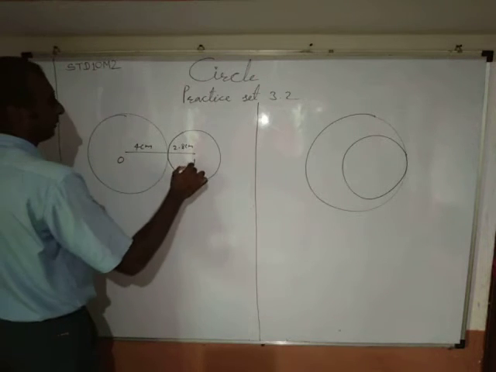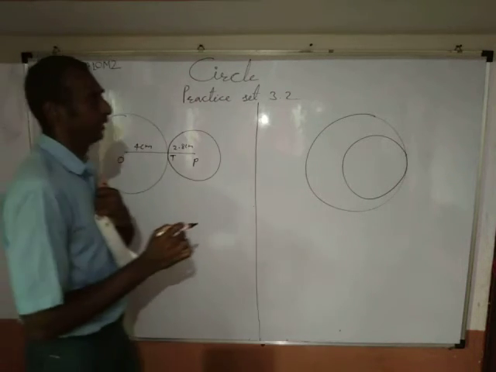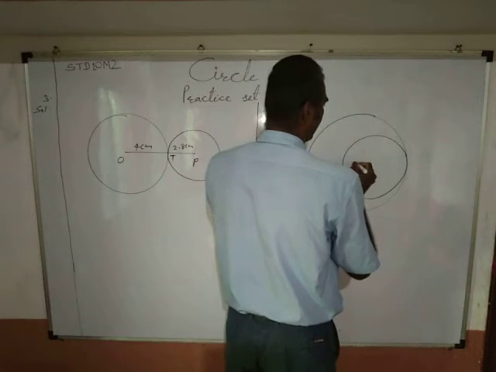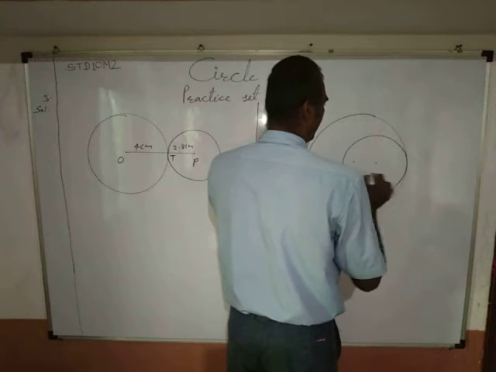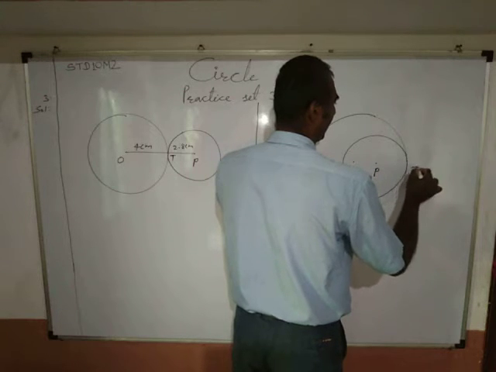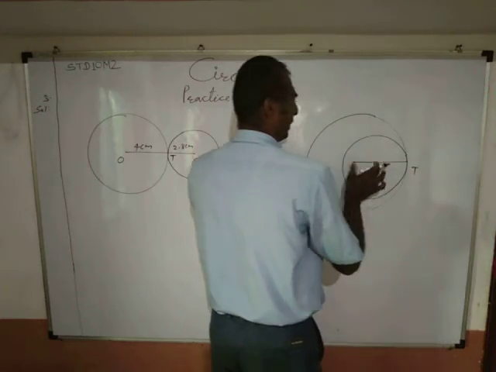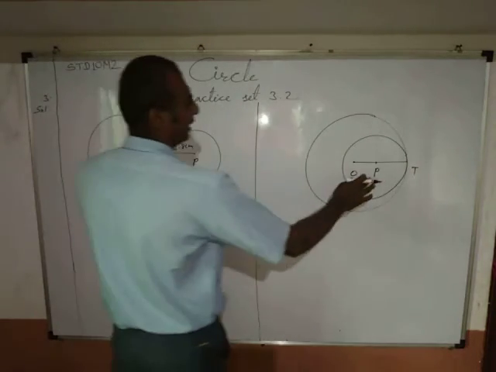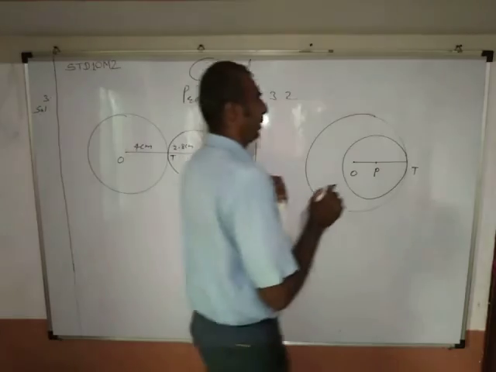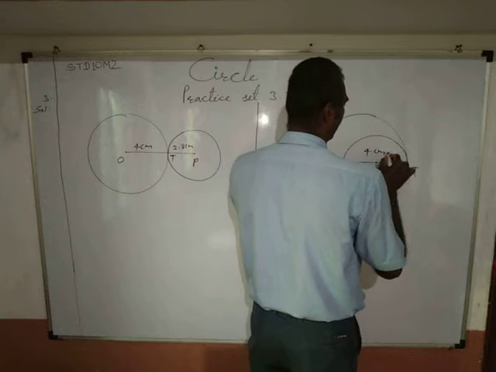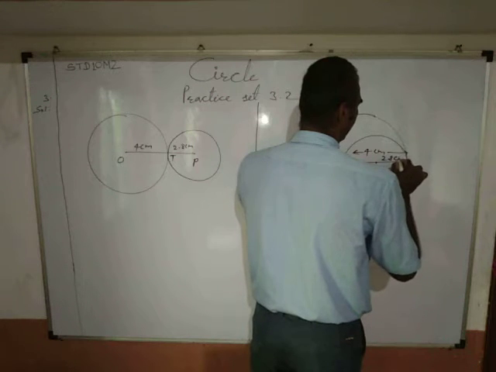Let O and P be the centers of these circles which touch each other externally at point T, as well as these are the circles with centers O and P touching each other internally at point T. In a case of internally touching circles, O dash P dash T, and in a case of externally touching circles, O dash T dash P. OT is 4 cm and PT should be 2.8 cm.